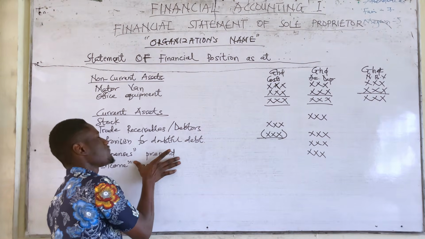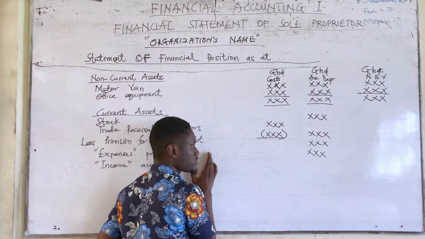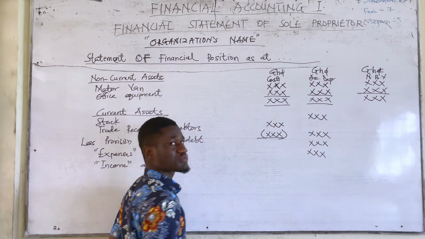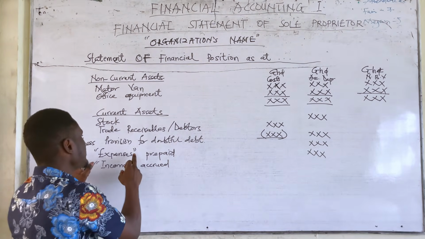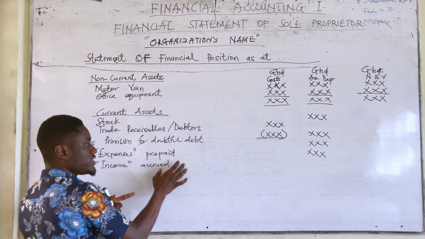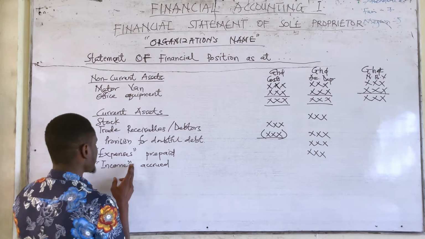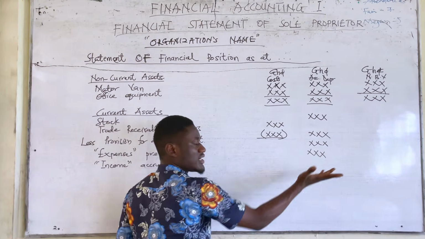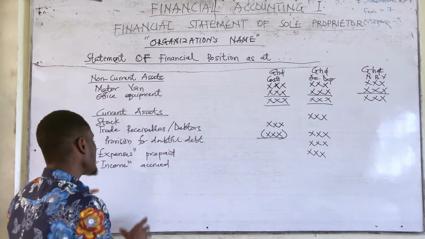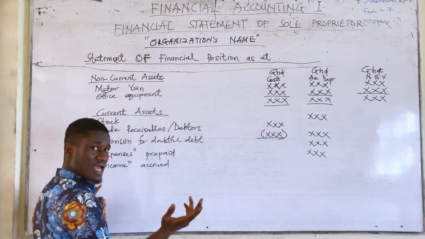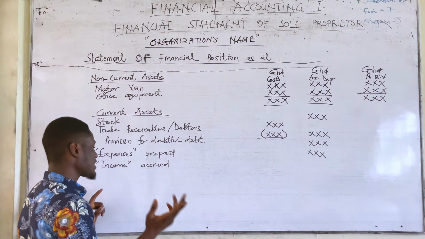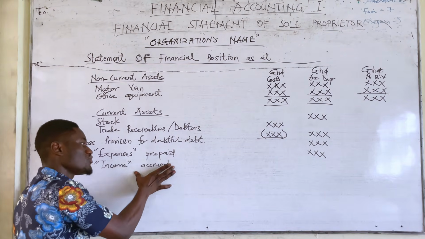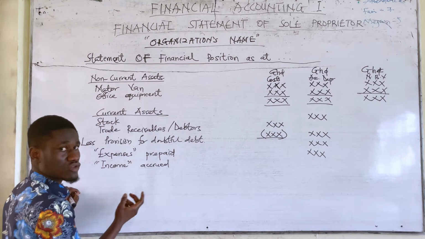But for the balance sheet or statement of financial position, we are just going to show that prepaid amount here. So if it was rent prepaid, then the amount. If it was income, the income accrued they talked about and the amount. You get it? But in the profit and loss or income statement, because it's accrued, we are just going to add that income we are talking about.